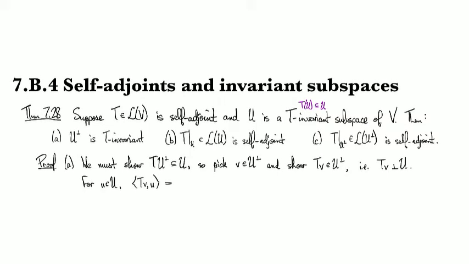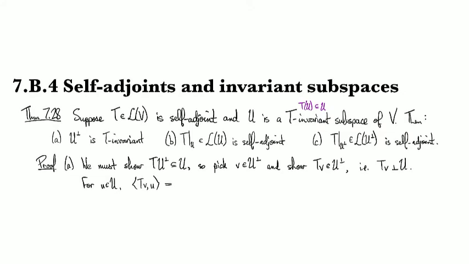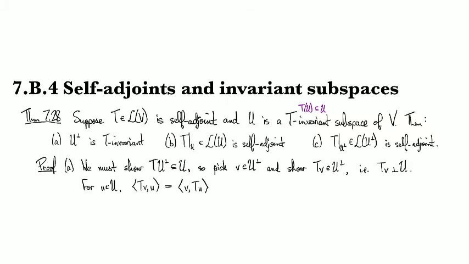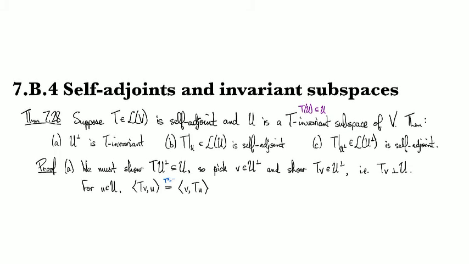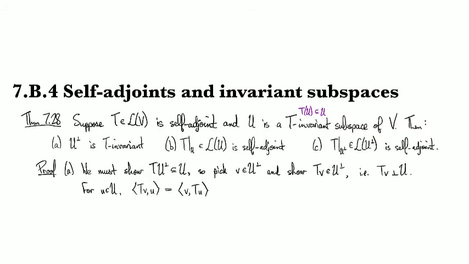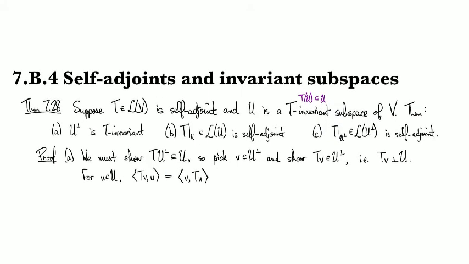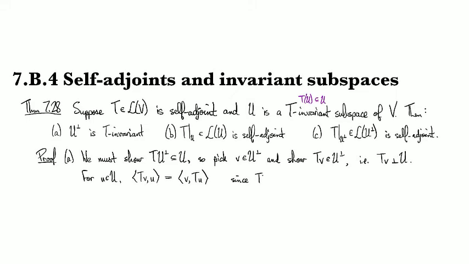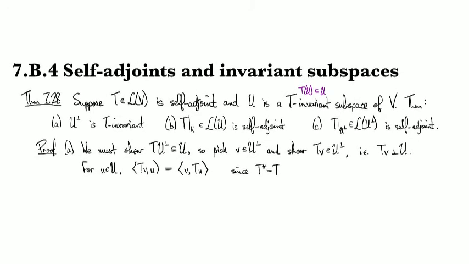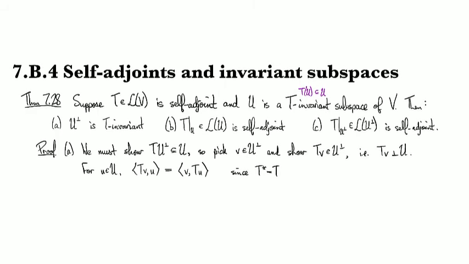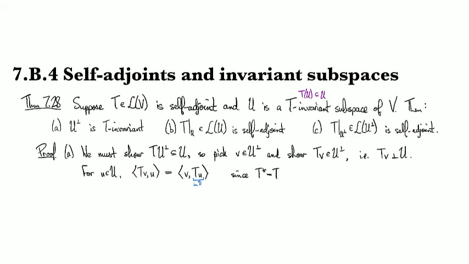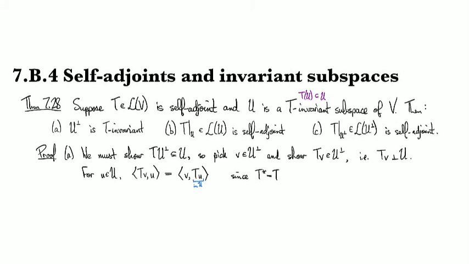Well, using the fact that T is self-adjoint, we can pass it over to the other side. Actually, instead of writing it as a little decoration up above, let's do it like a legit proof. Okay, and then let's see. Now I know that this Tu right here is in U because of the invariance.